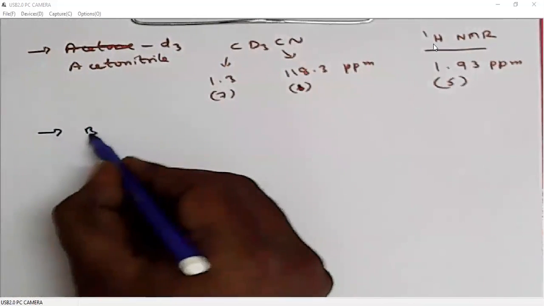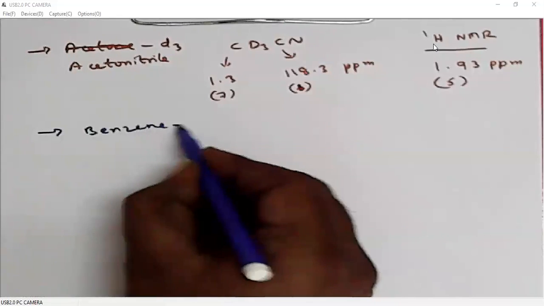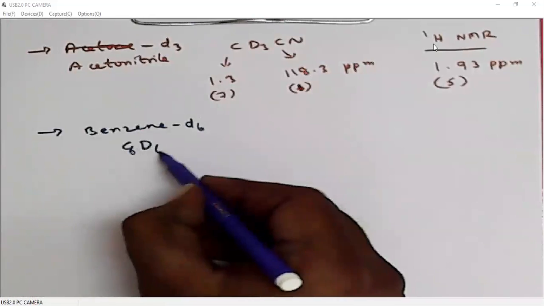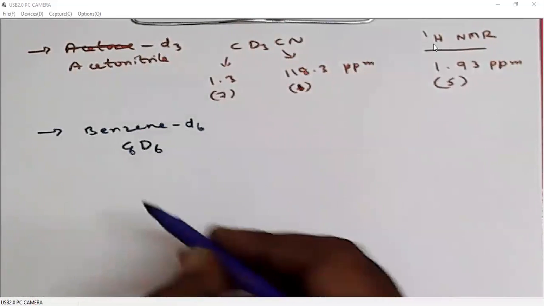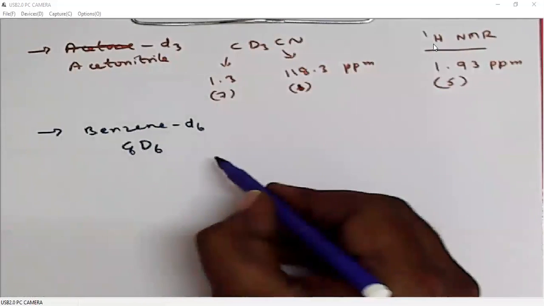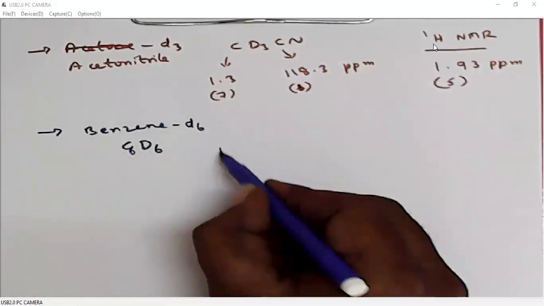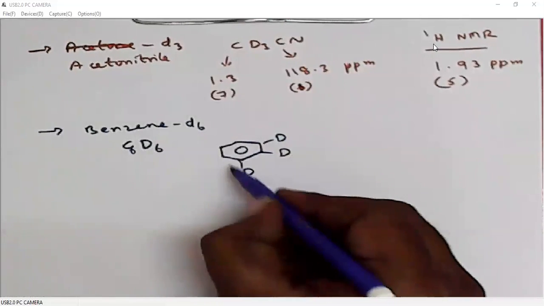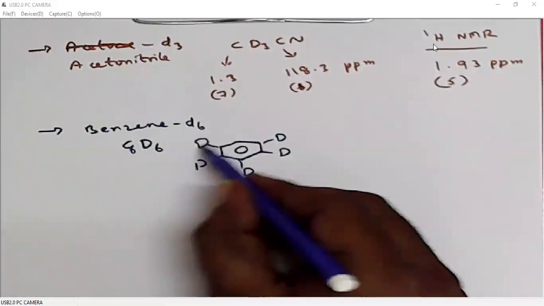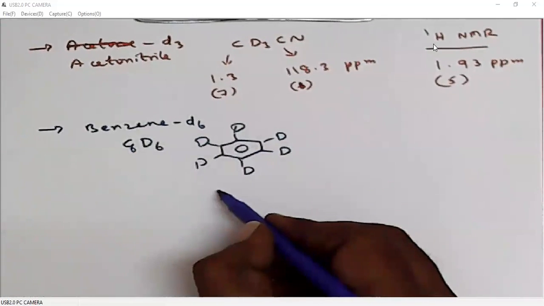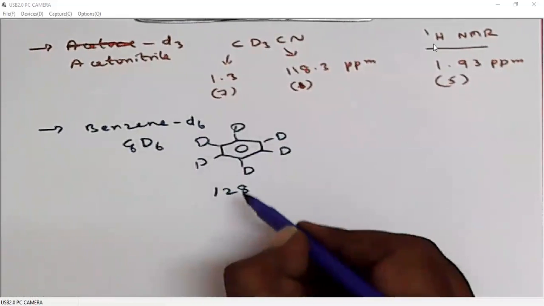In benzene D6, because it is a symmetrical molecule, we get only one peak. We get only one carbon signal in C13 NMR, that is at 128 ppm.